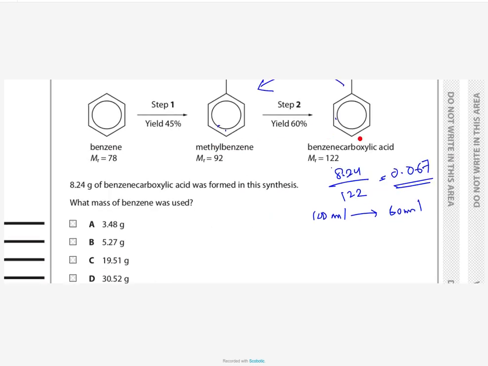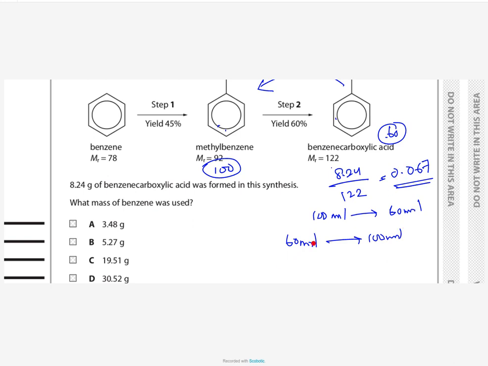So that's the meaning of 60%. To produce 60 moles, you need to have 100 moles of methylbenzene.